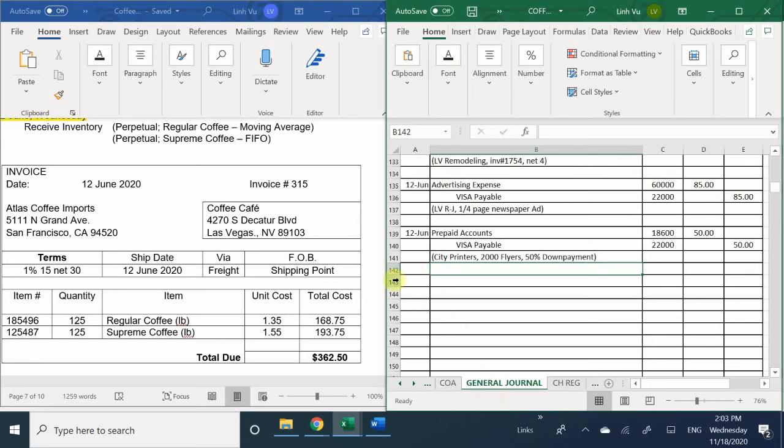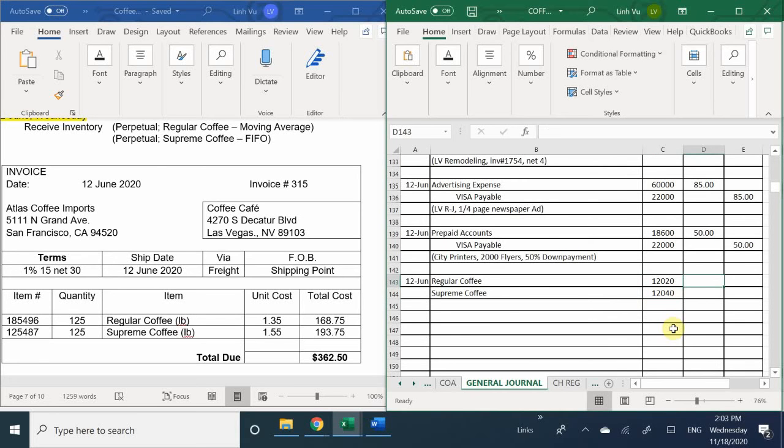Okay, so good. If we're going to be recognizing inventory on June 12th, we recognize that we're going to be journalizing straight into inventory. So we have a regular coffee and we have supreme coffee. Again, this was 1220 and 1240.